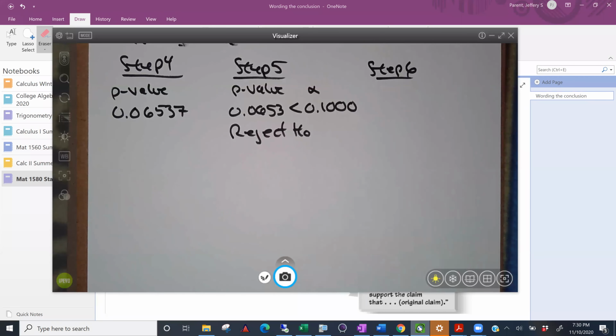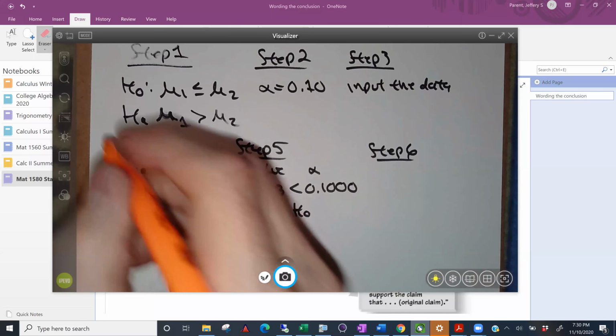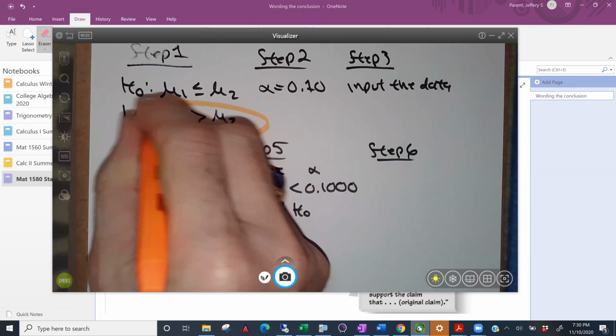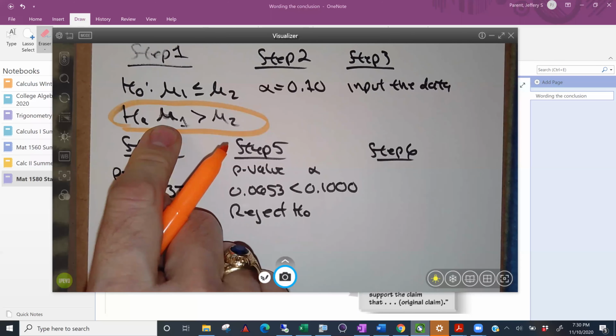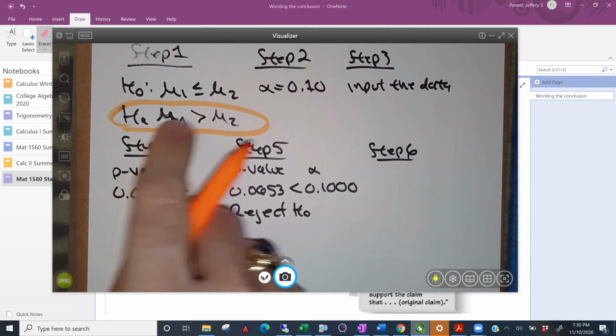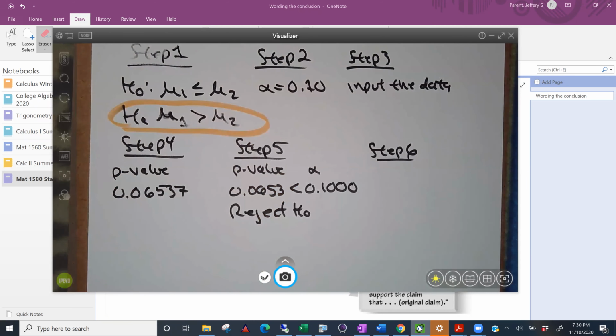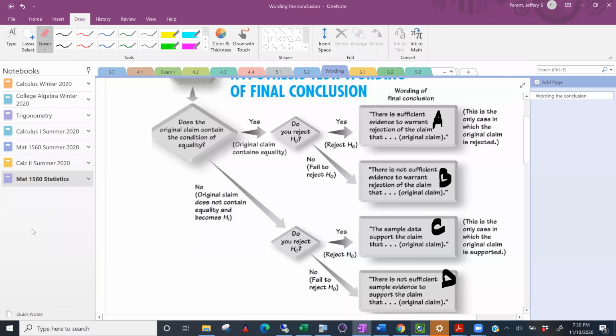Going back here for just a brief moment, our original claim that we're testing is that the strontium levels from city 1 were greater than the strontium levels for city 2. So let's see which one of these we're going to pick right here. I want you to privately figure out which one it is and then put that in the chat privately. Don't send it to everybody.